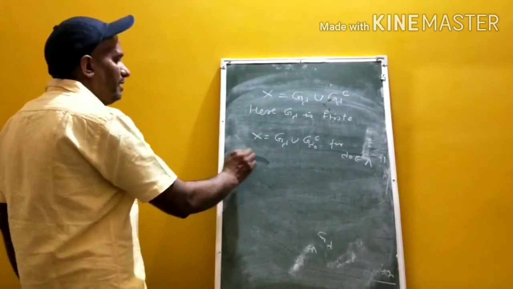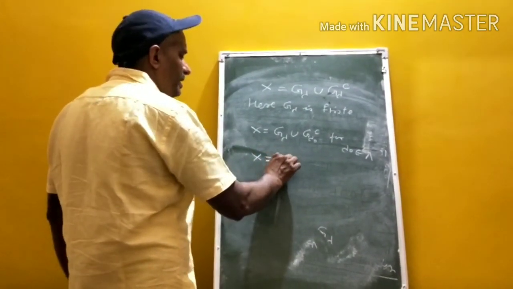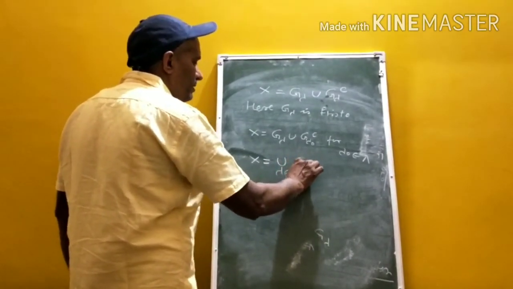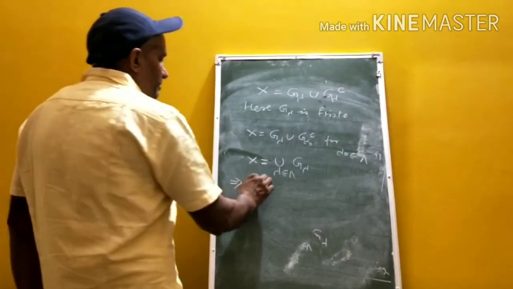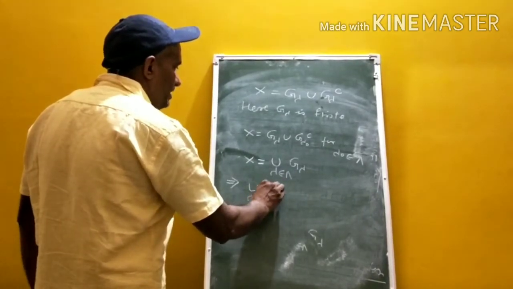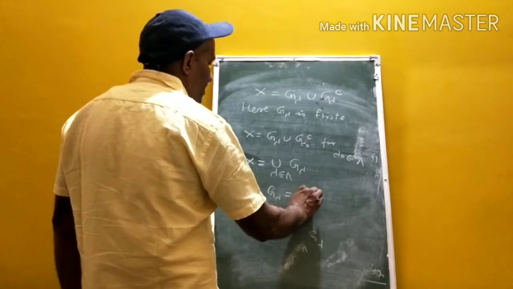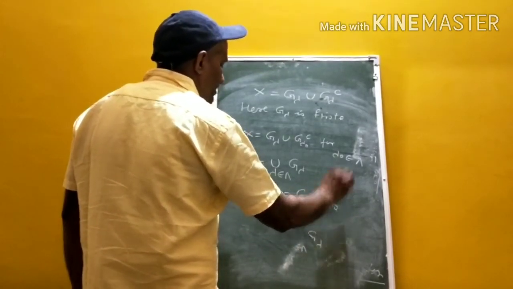Now we have already said X has a cover, so X can be written as the union over lambda in gamma of G lambda.